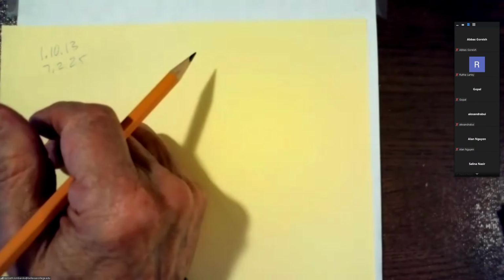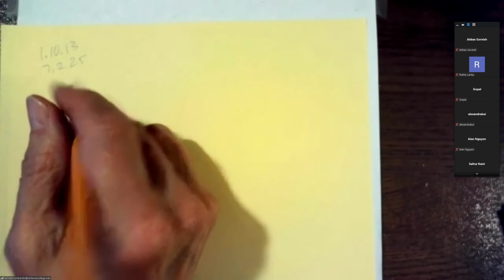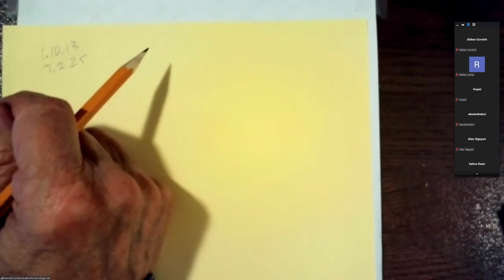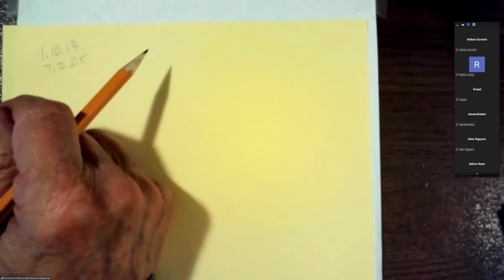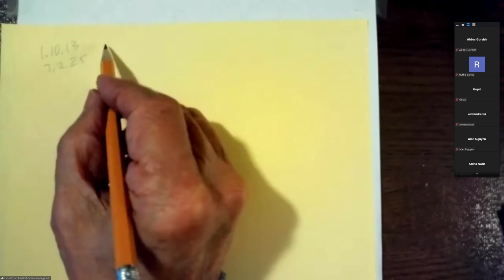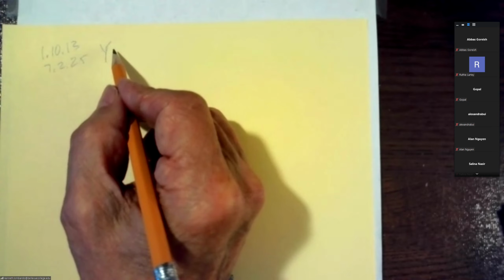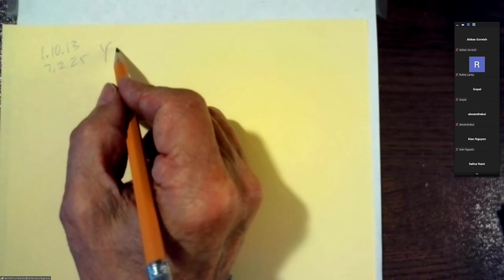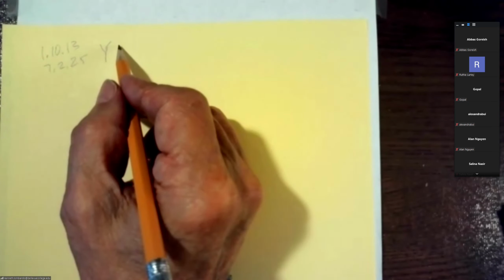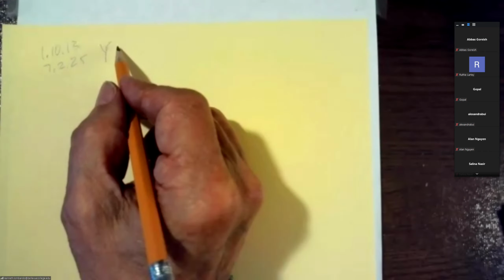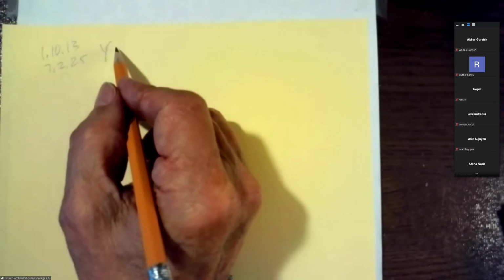So rereading that, we want the annual yield. Here's the annual yield, Y, as a function of the number of lemon trees per acre.